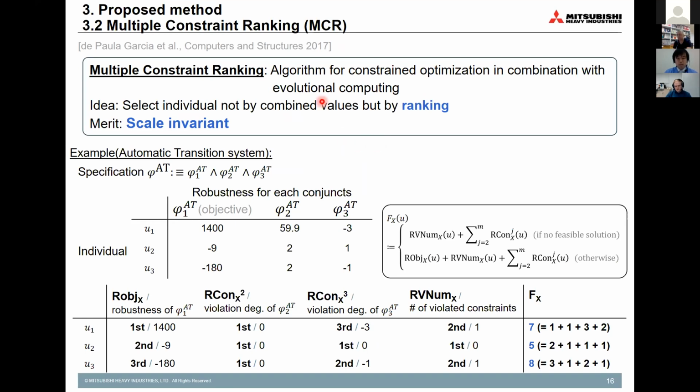So we applied multiple constraint ranking, MCR. MCR is an algorithm for constraint optimization, which is applied with evolutionary computing, such as particle swarm optimization. The main idea is that it evaluates individuals not by combined values, but by ranking among individuals. By applying MCR, constraint optimization can be scale invariant.